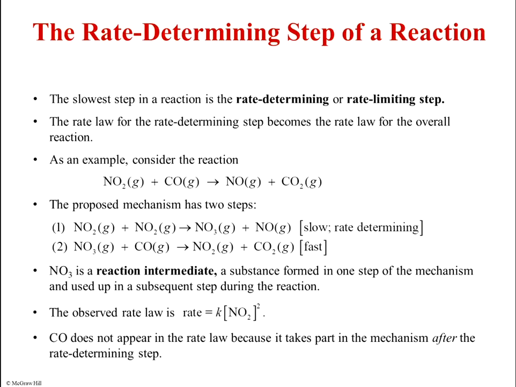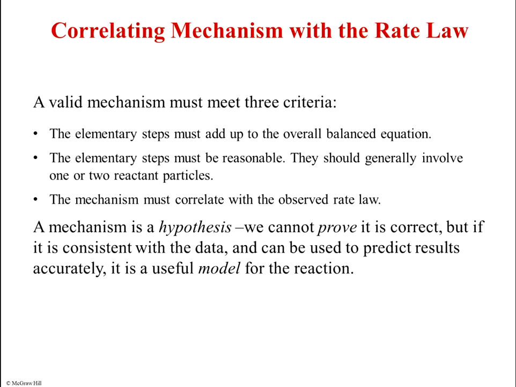In general, a valid reaction mechanism has to meet the following three criteria. First off, the elementary steps must add up to give you the overall balanced reaction. That's an obvious necessity. Second, the elementary steps must be reasonable. Generally, they're bimolecular or unimolecular steps.